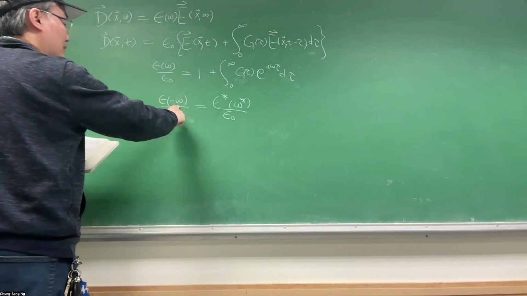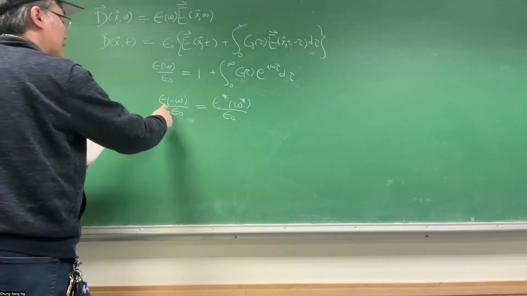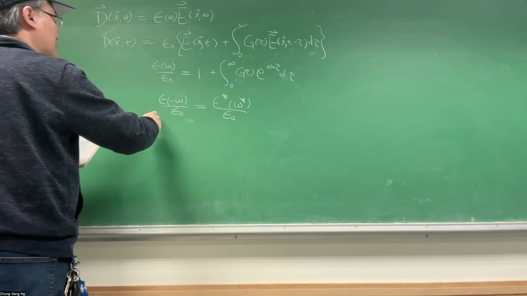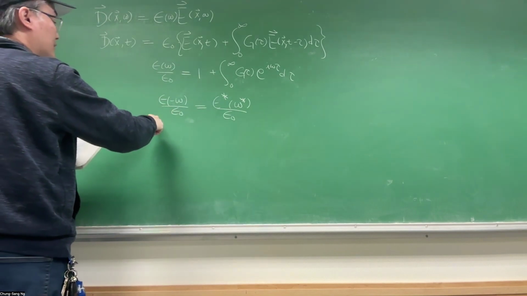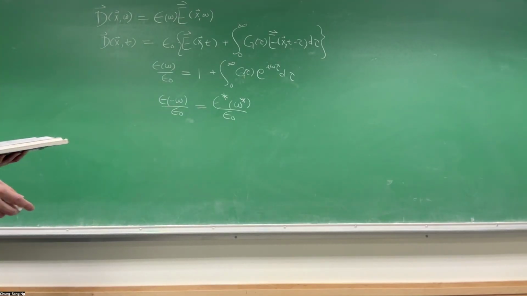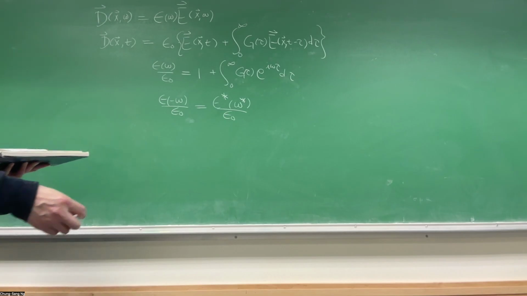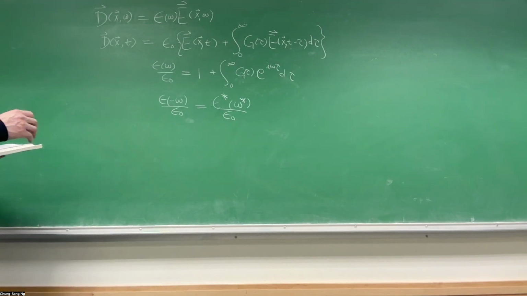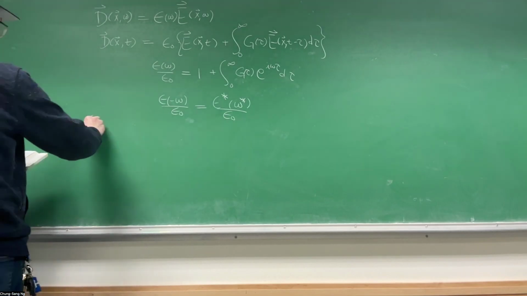Now you consider omega real, then by this relationship you can show that the real part is even in omega, the imaginary part is odd in omega.